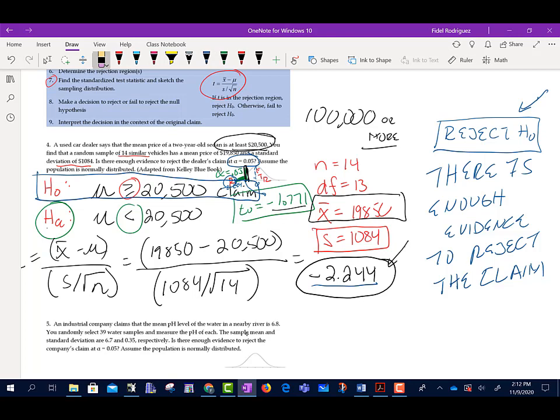That doesn't look like a C, does it? Boom.